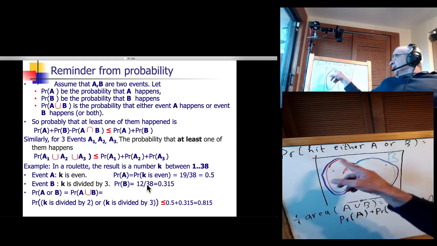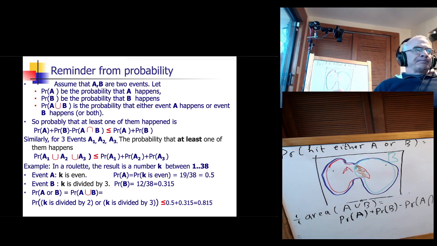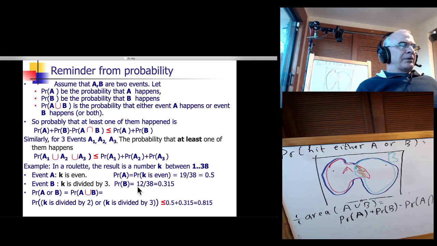So that's like the area of B. The overall area is 38. So the chance that you are getting a number K that is divisible by 3 is 0.315 roughly.